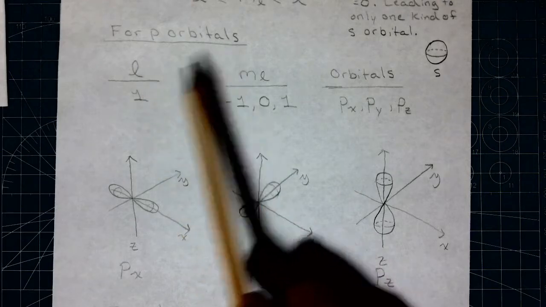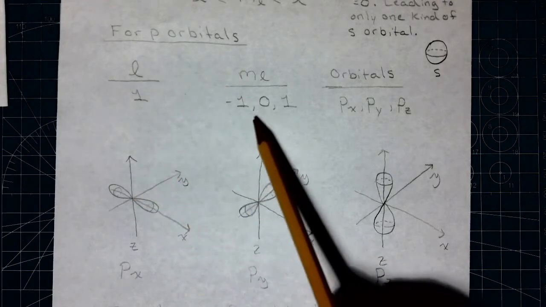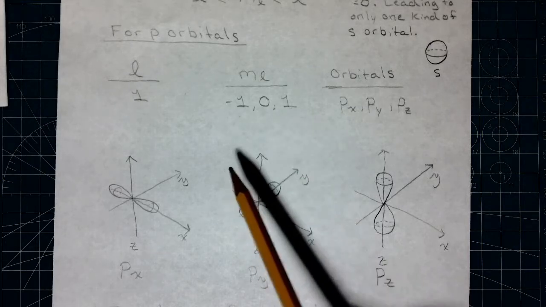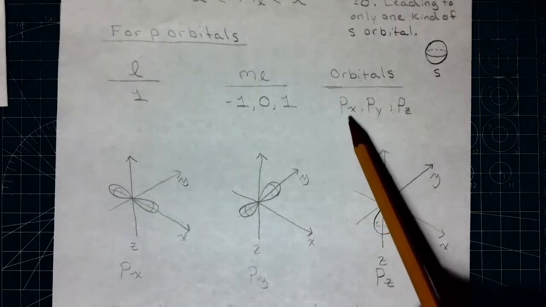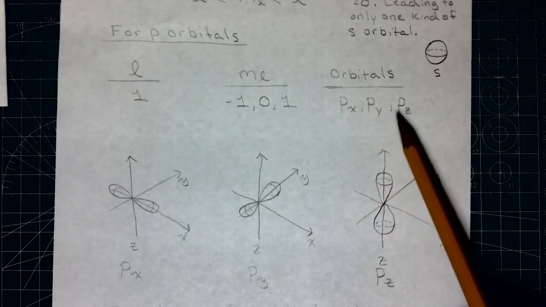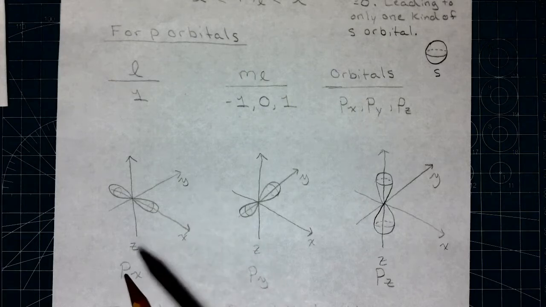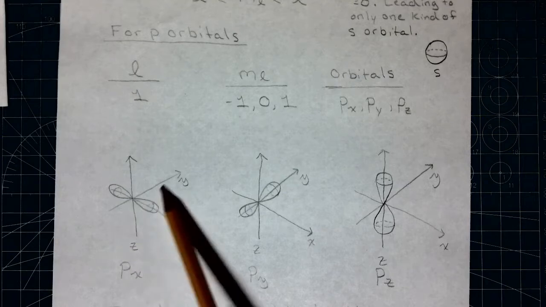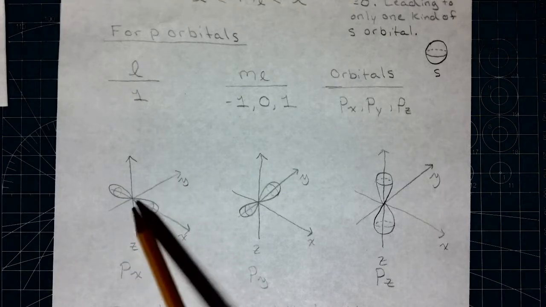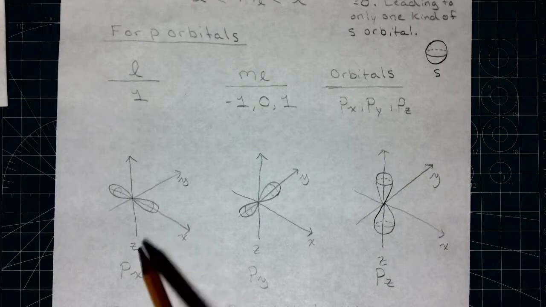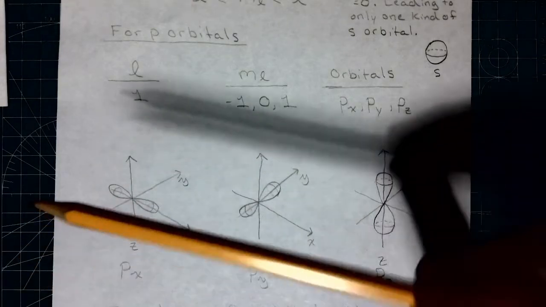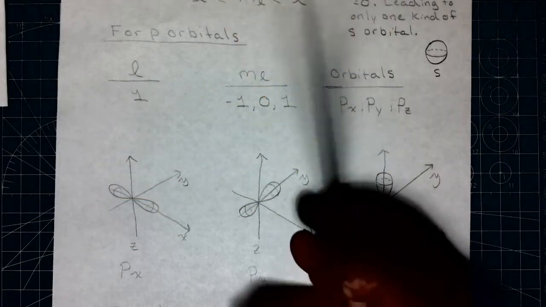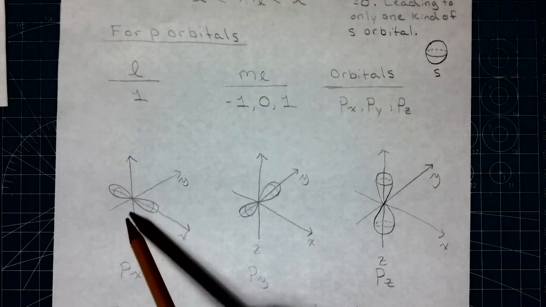So for p orbitals, or L equals 1, our permissible values for m sub L are going to be negative 1, 0, and 1. And the orbitals that are going to be possible are the px orbital, the py orbital, and the pz orbital. And this is how those are going to work out. So if I laid out a grid here with y, x, and a z axis, that's the same as my pencil, say, being like x, y, and z coming out of the page.